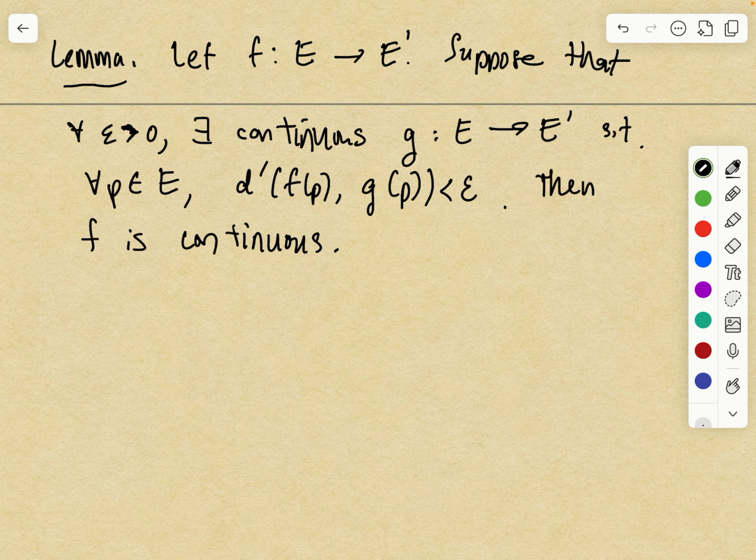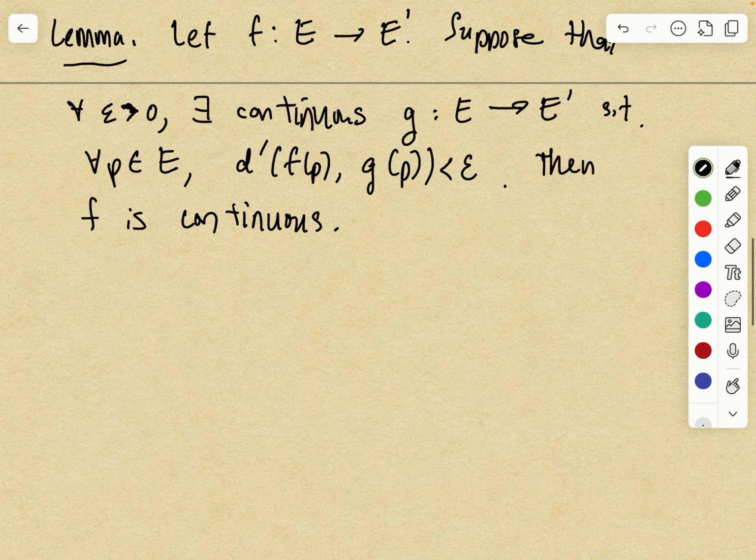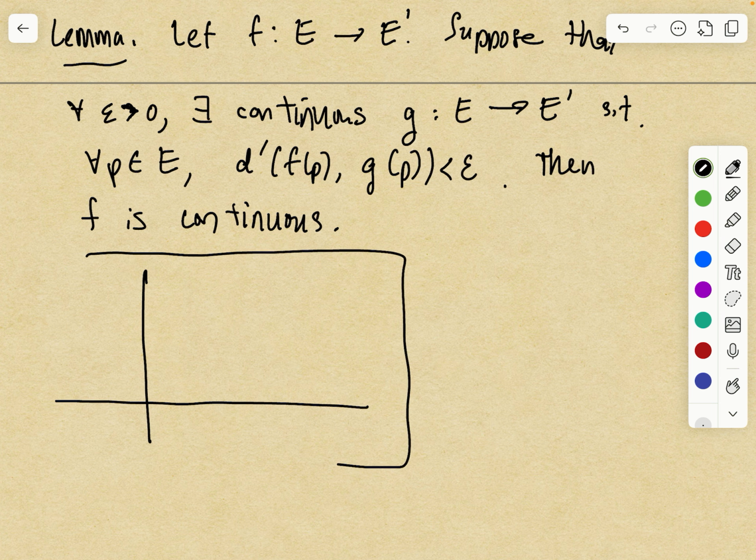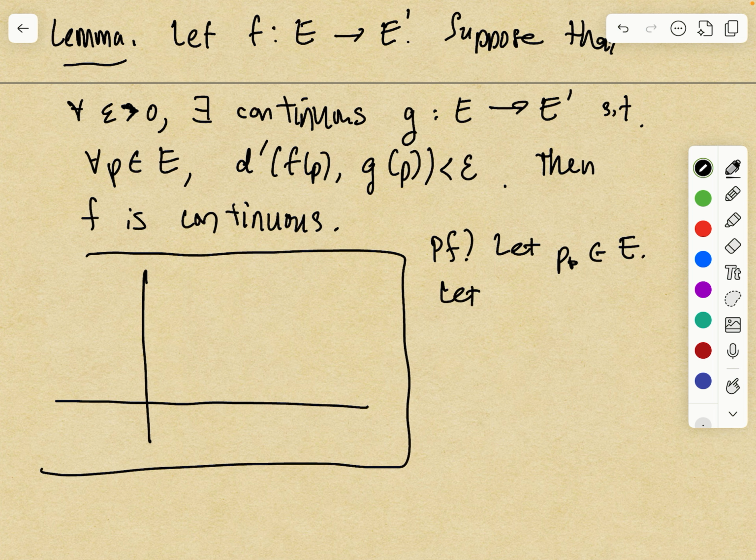So let's prove it. Well, first let's draw a picture just to illustrate what's going on. Maybe I'll draw a picture on the side, but then we have the main proof. So we want to show that f is continuous, and so we let p naught be an element of E, and then we let epsilon be greater than 0.